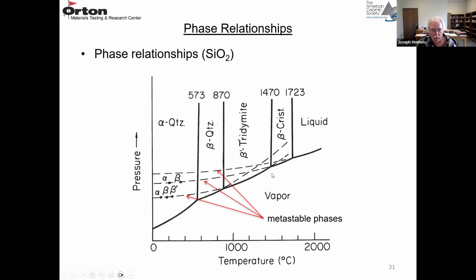It's a good glass former. And then if you're in the beta cristobalite phase field, you may not transform to alpha. It may be metastable at beta. Then if you're in the beta prime tridymite phase field, you may not transform to the beta or the alpha form. So it may remain metastable.